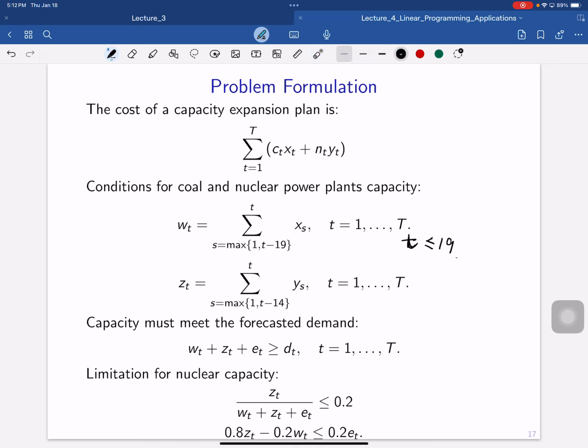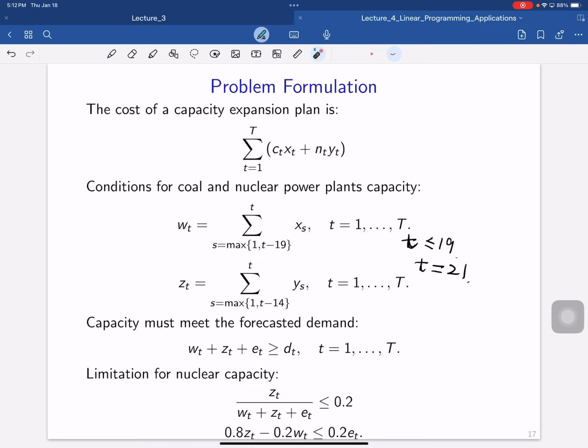But for t equal to 20, the max of 1 and t minus 19 will be equal, it doesn't matter. But let's say you have t equals 21. In that case, you don't want to account for the coal-fired power plant you built in the first year, right? Because they have already retired, right? Then you take the max of 1 and t minus 19, it will be 2, right?